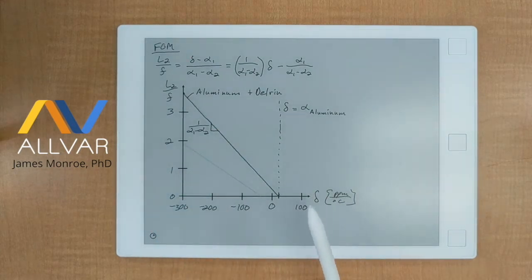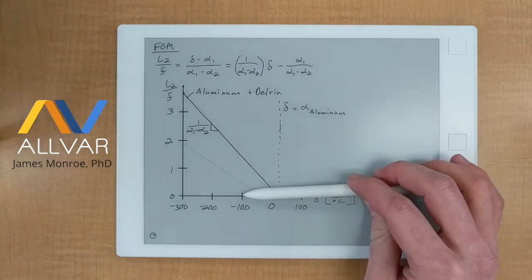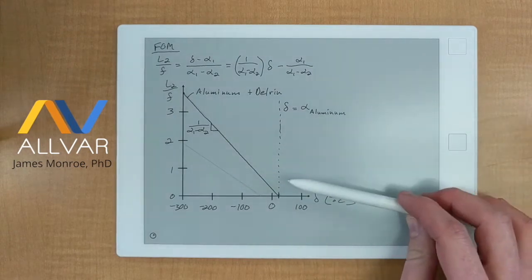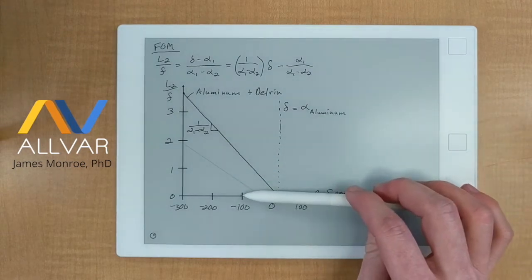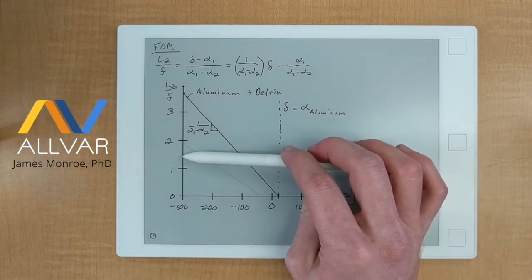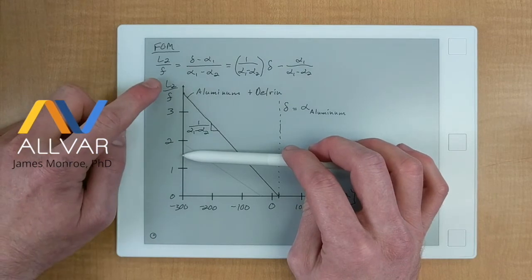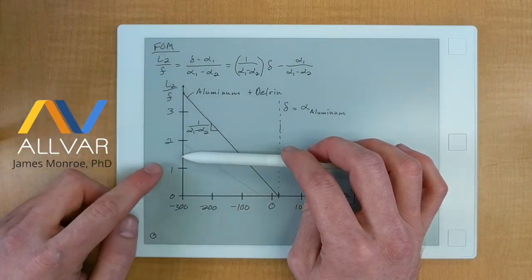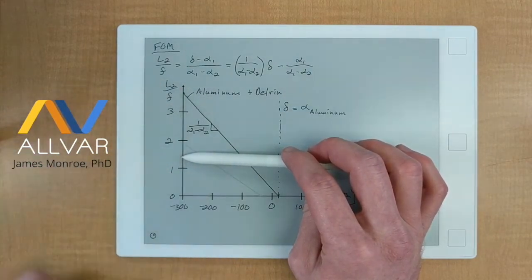So what this tells us is if you need a coefficient of thermal defocus at negative 100 ppm per degree C, you will need your L2 to be approximately 1.5 times the length of your focal length.